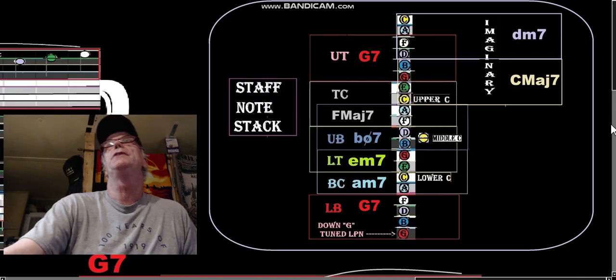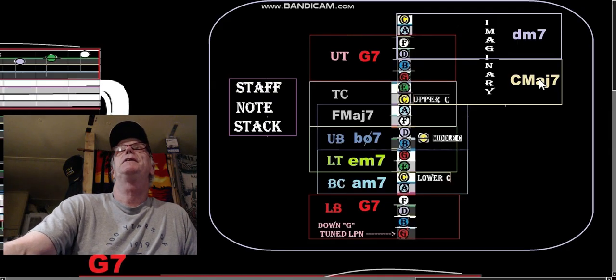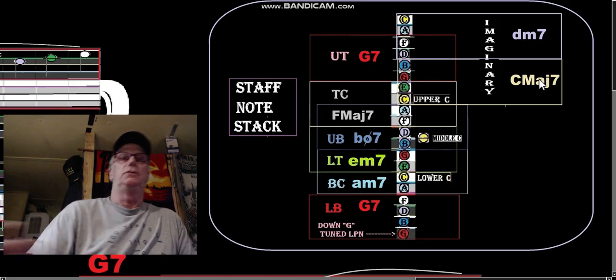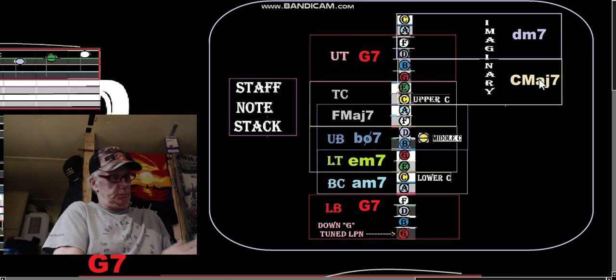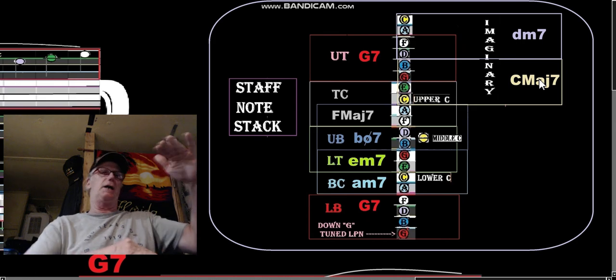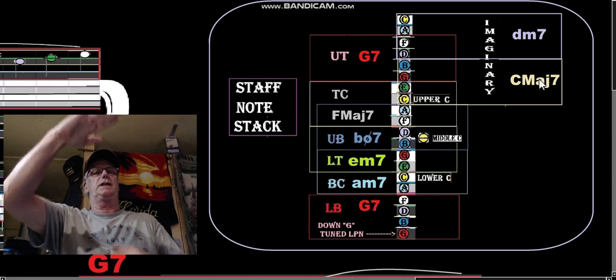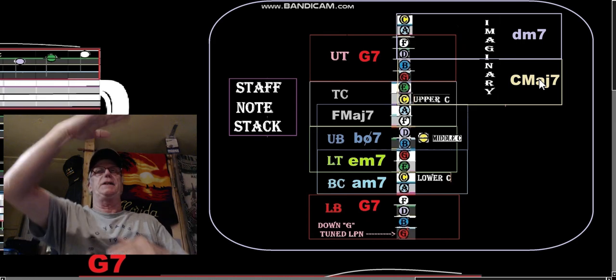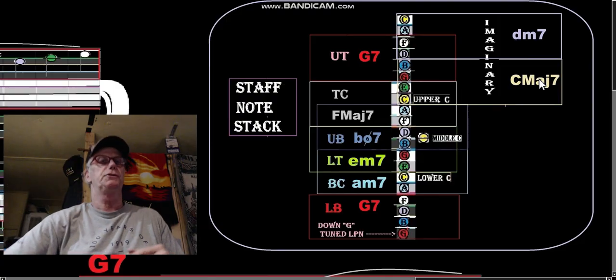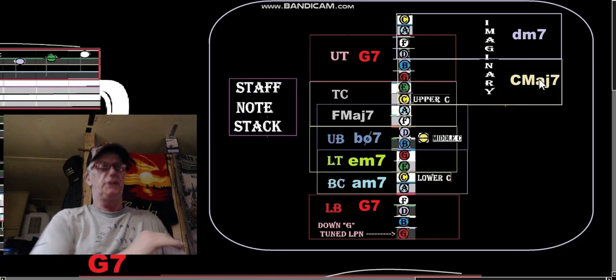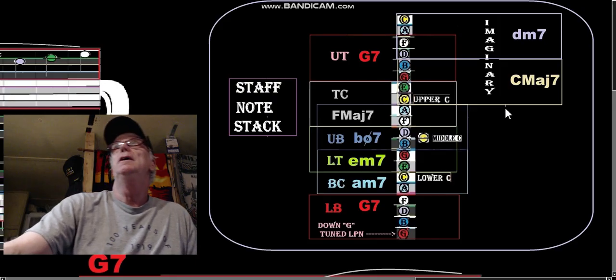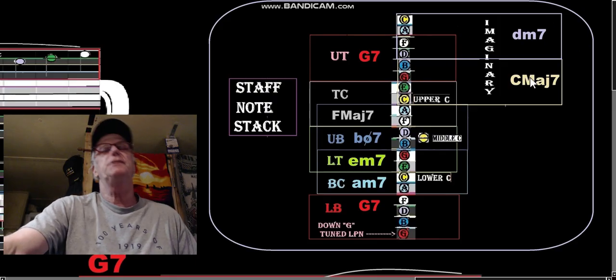If it was, we would have D minor 7th and C major 7th just going from bottom to top. There's no top and bottom clef, the whole thing being one clef. That is 7 groups of 4 notes each. Then we'd have our full modal circle, but it's not divided up like that.